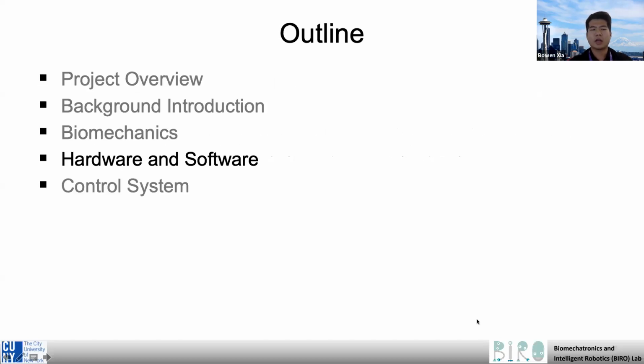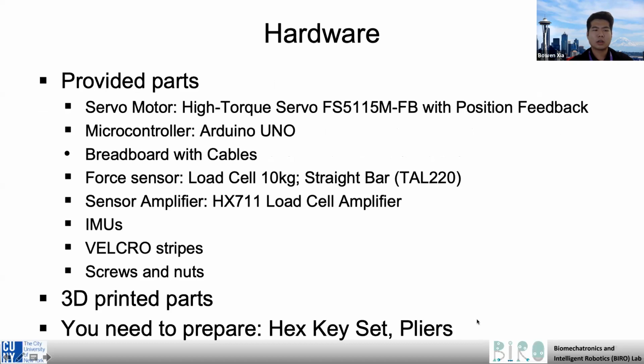About the hardware and software. First of all, let's talk about the hardware. These parts will be provided: the servo motor, the microcontroller, the breadboard with cables, which will be included in your Arduino kit box. You should be already looking at it.